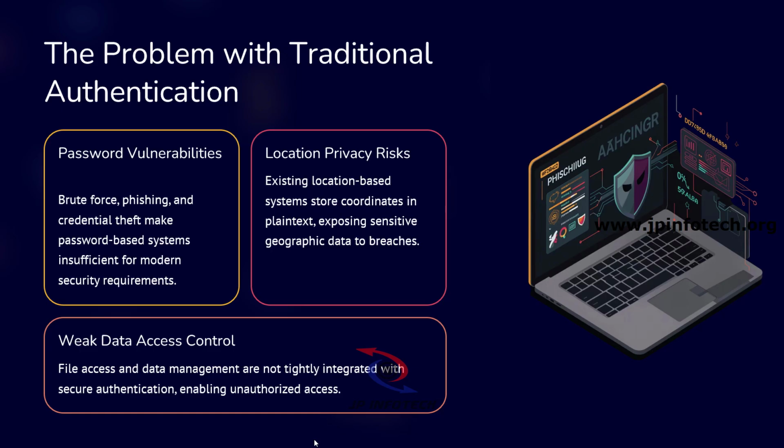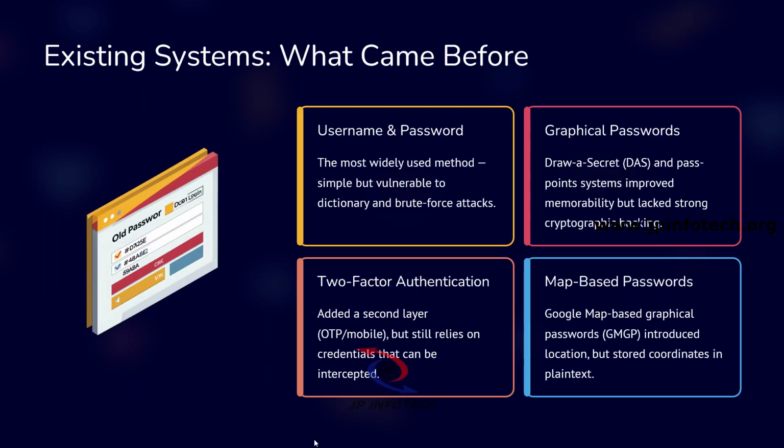So the problems with existing or traditional authentication are password vulnerabilities, location privacy risk, and weak data access. In the existing system, some use the username and password method. This is a very simple method, so it is vulnerable to dictionary and brute force attacks.